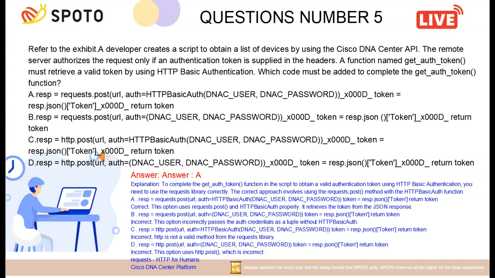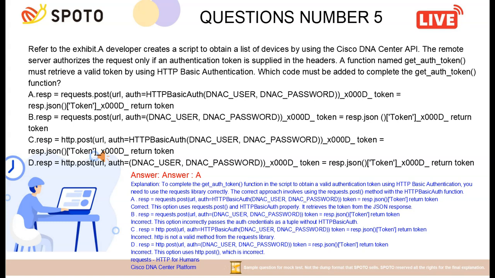B. resp = requests.post(URL, auth=(DNAC_USER, DNAC_PASSWORD)), token = resp.json()['Token'], return token. Incorrect. This option incorrectly passes the auth credentials as a tuple without HTTPBasicAuth. C. resp = http.post(URL, auth=HTTPBasicAuth(DNAC_USER, DNAC_PASSWORD)), token = resp.json()['Token'], return token.